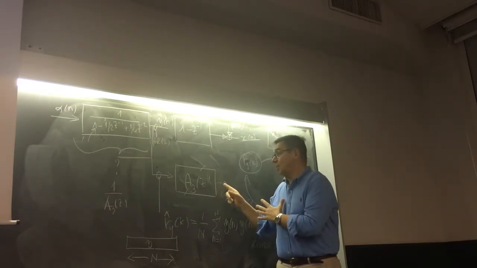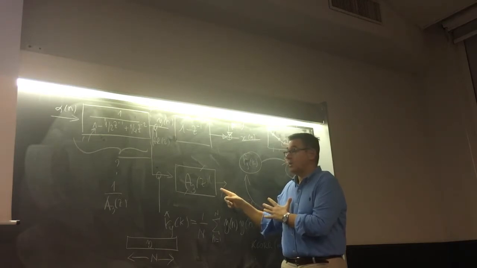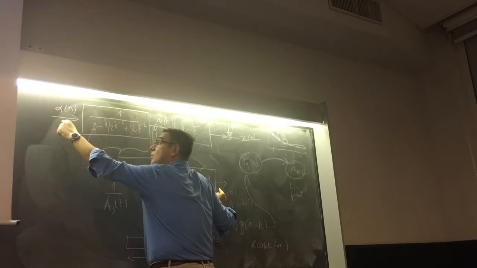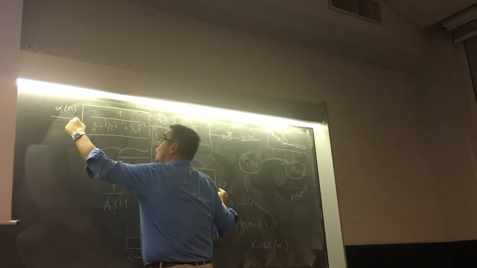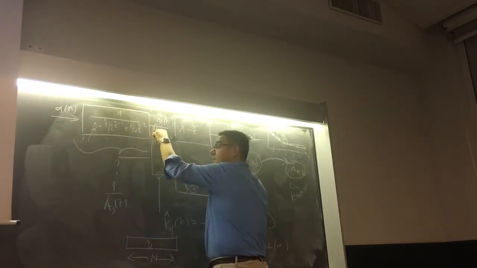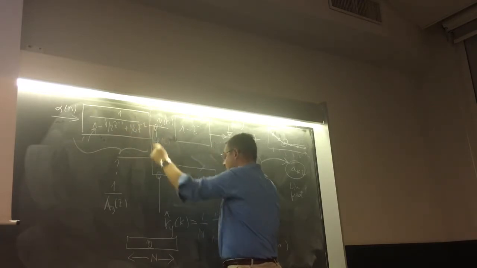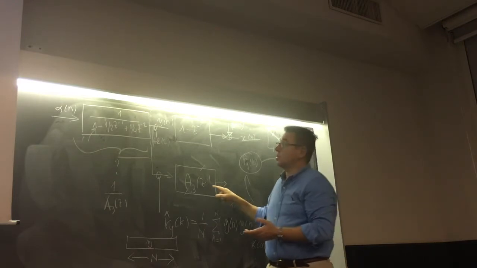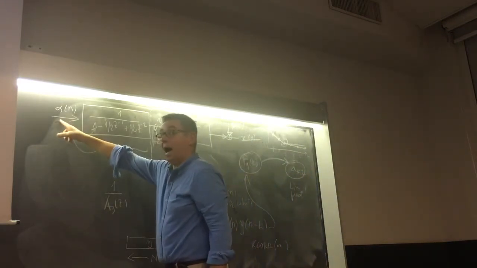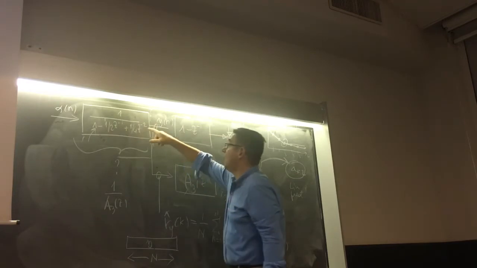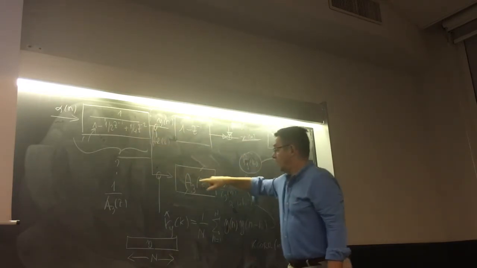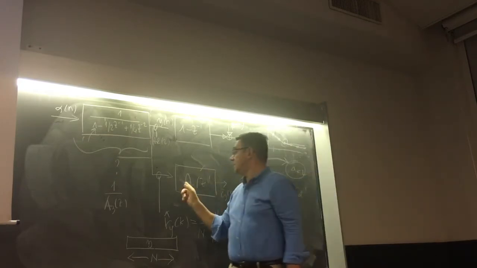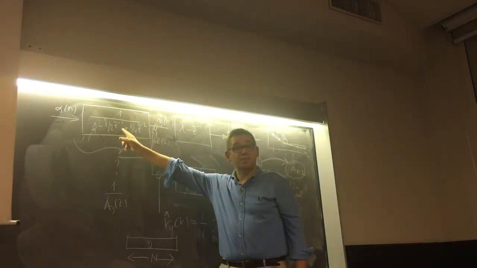If this is completely decorrelating the error, it means I have an uncorrelated random process entering here, filtered and correlated according to the filter, and then I apply another filter which decorrelates. So the chain is: white, uncorrelated, filtering, correlated, filtering, decorrelated. That means this filter is the inverse of that.